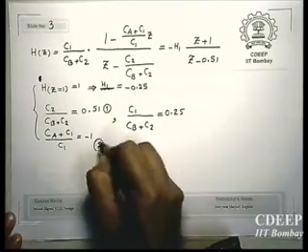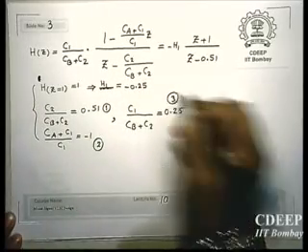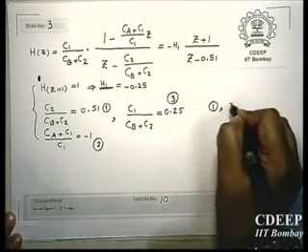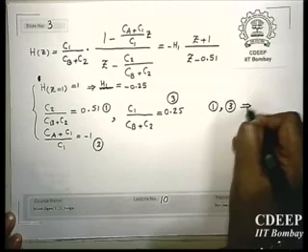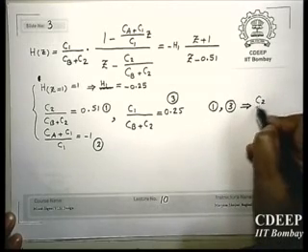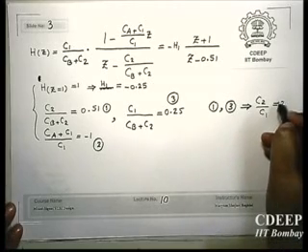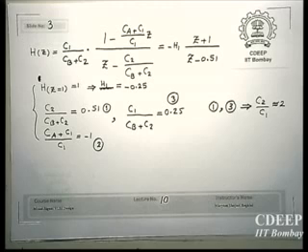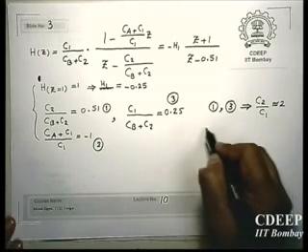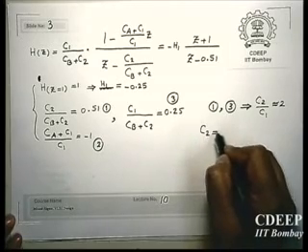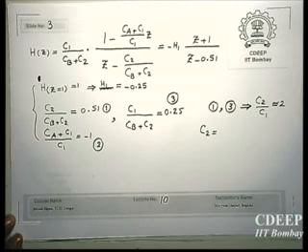relation 2, relation 3. So from 1 and 3 you get the ratio of C2 by C1, which is almost 2. I just rounded the values. Now you consider some value, for example C2, because you have 4 capacitors and 3 equations.